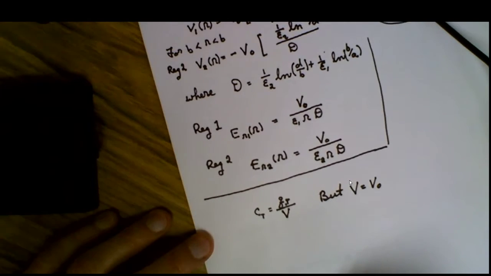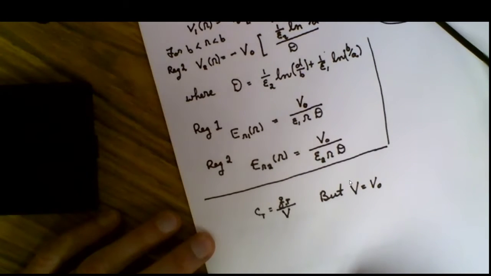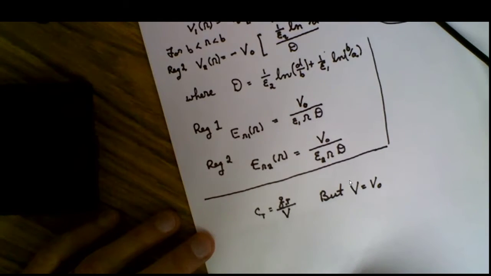Well, we talked about two other boundary conditions that we didn't use in the development of our unique equation for the voltage and potential inside our system. And those two boundary conditions are actually the ones that are going to be useful in this case.